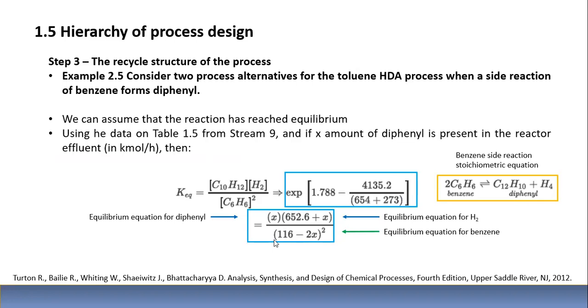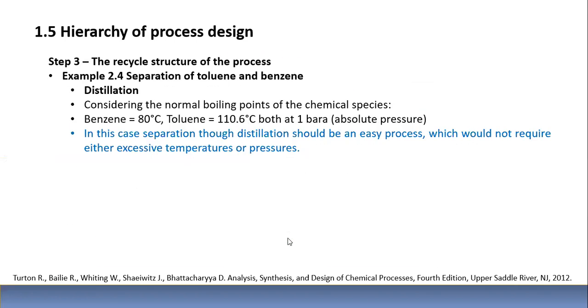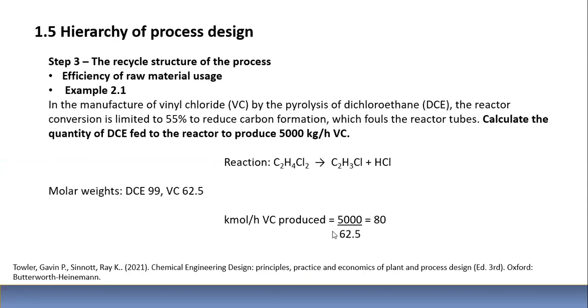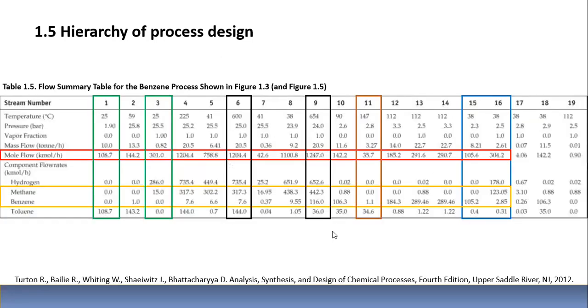Divide by the amount of, what would this be? Remaining benzene. Let's check on table 1.5. In table 1.5, what do we have? On stream number 9, we have the amount of benzene produced at 116.0 kilomoles per hour.